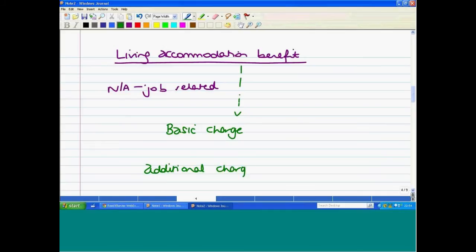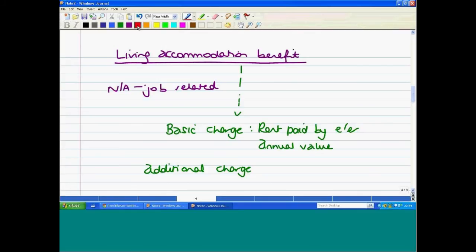Now the basic charge is when we're basically going to compare rent paid by the employer for the property and the annual rental value. So in the question, they should give you the annual value. You're looking at basically what it would rent for if it was on the open market.